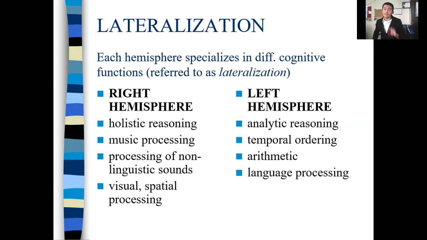Whereas on the other hand, the left hemisphere handles analytical reasoning. We're very good at reasoning, analyzing things, and giving reasons, as well as temporal ordering and arithmetic. And of course, language processing is mainly done in your left hemisphere.